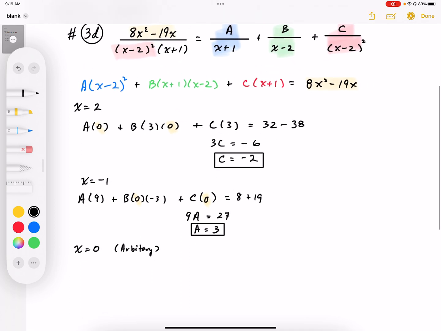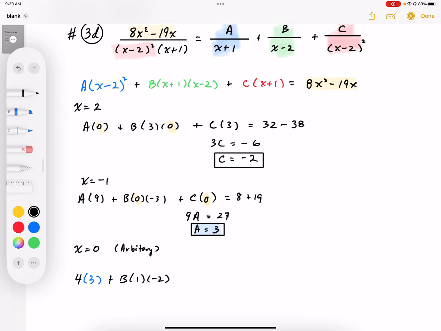So when I plug in x as 0, I get 0 minus 2 squared is 4, so I get 4a. But I already know that a is equal to 3, so I'm just going to replace a with a 3. Okay, and where is that coming from? That's coming from here. Then I'm going to plug in for b plus b, and I'm going to end up with 0 plus 1, 0 minus 2.